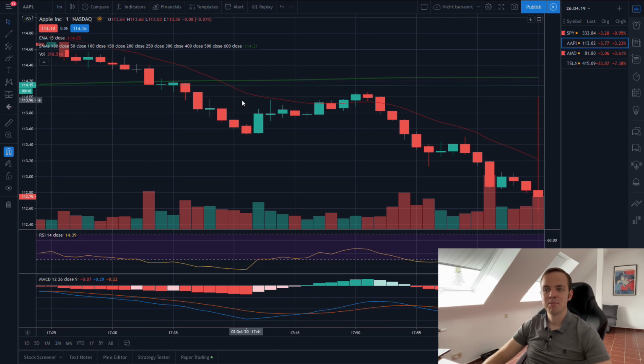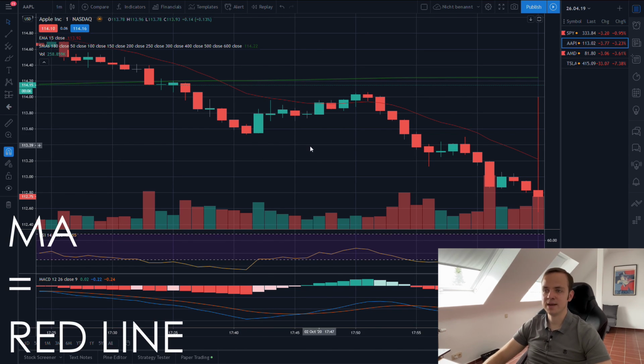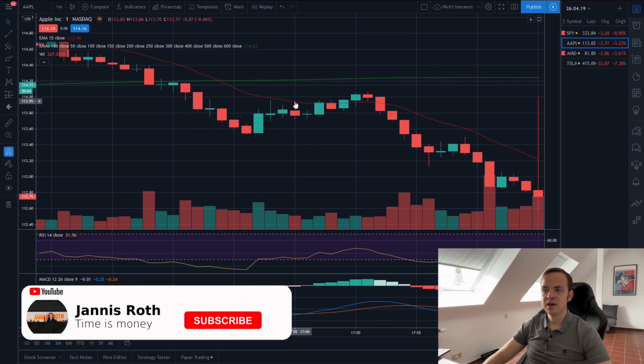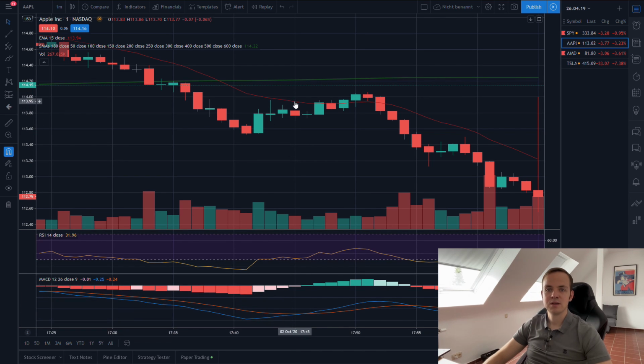What do I mean by past prices and lagging indicator? You can see the moving average is the red line. If I check this point here, it's saying $113.95. But this is not the actual price.